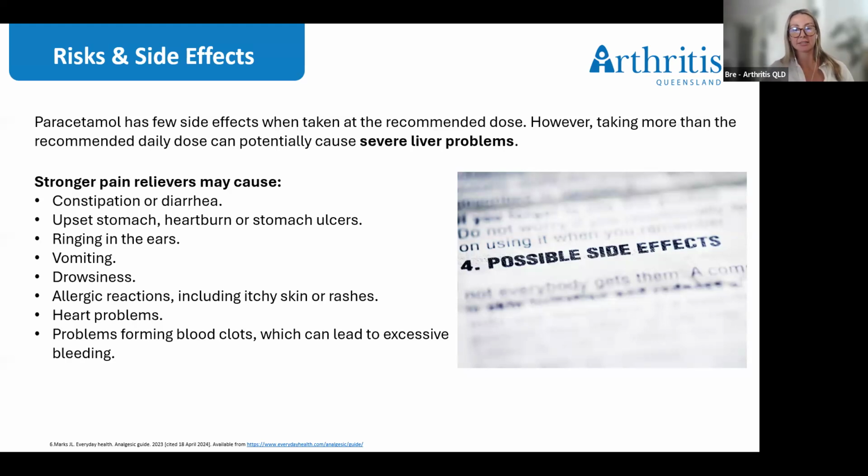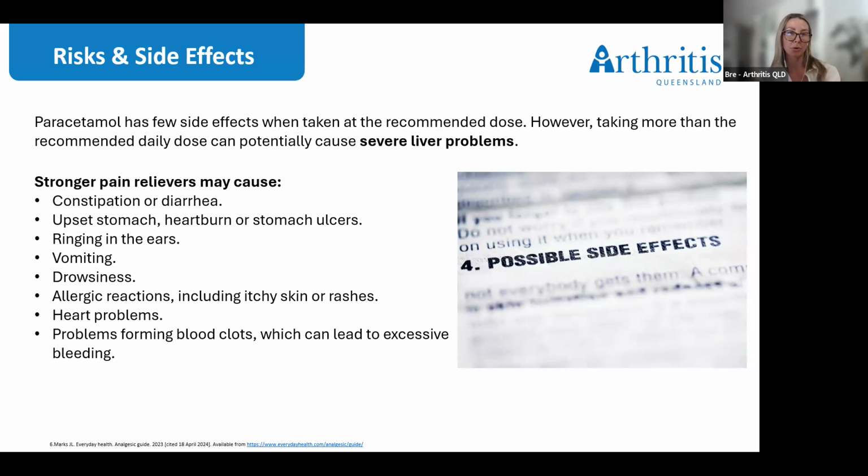Your risk of experiencing side effects from pain relievers depends on the type you take and how long you take it for. There are some side effects to the stronger pain relievers, and they can cause constipation or diarrhea. They can also cause an upset stomach, heartburn, or stomach ulcers. There may also be ringing in the ears, vomiting and drowsiness.